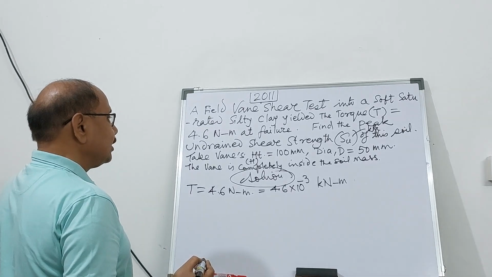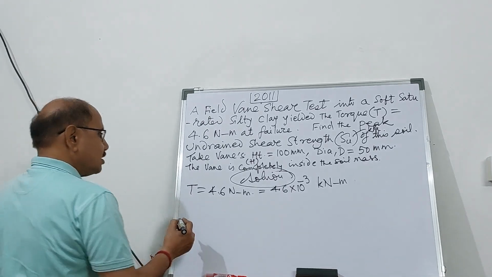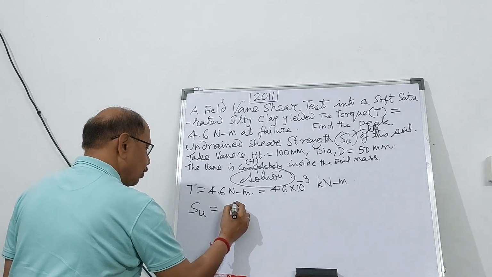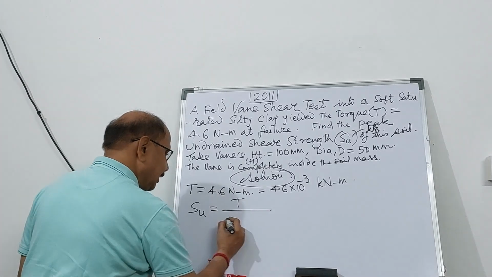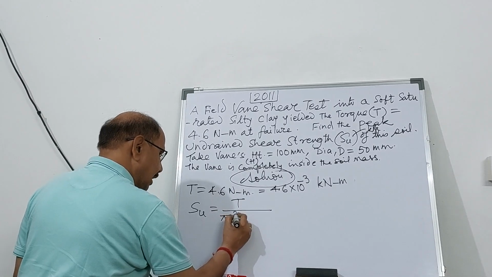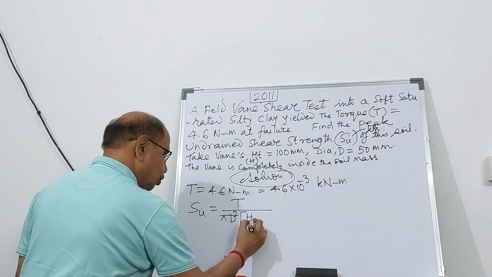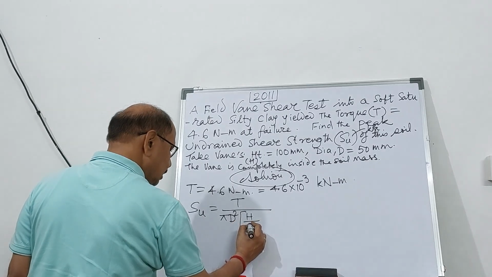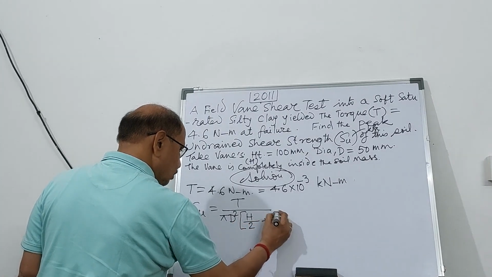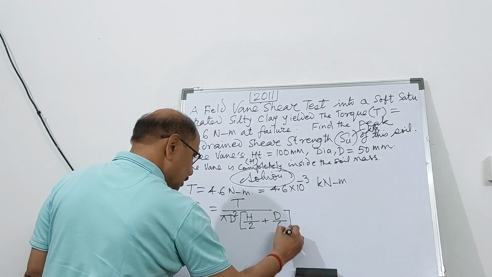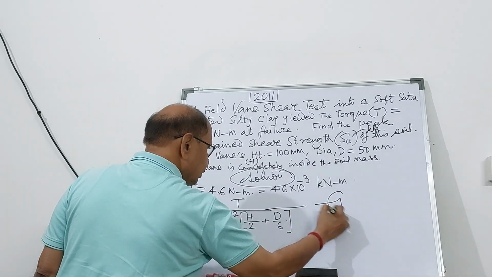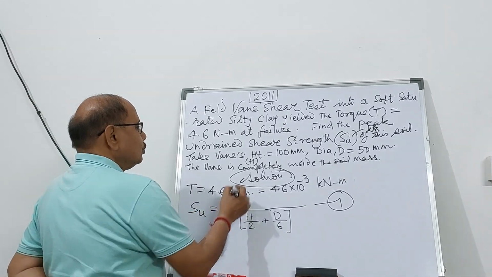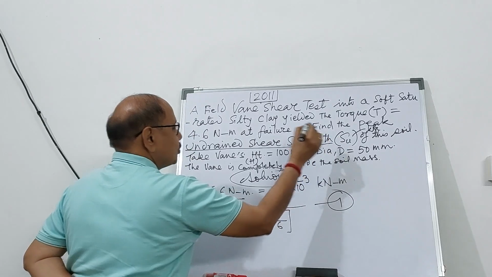Find the peak shear strength of this soil. So Su we know equal to capital T divided by pi d square into h by 2 plus d by 6, as the complete vane is inside the soil. So this is the expression. If you substitute the values, you can find out the undrained shear strength.